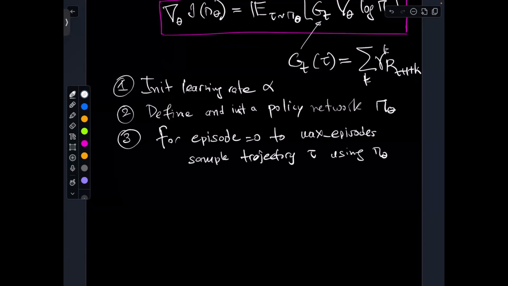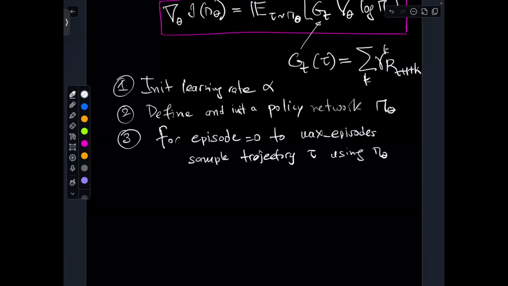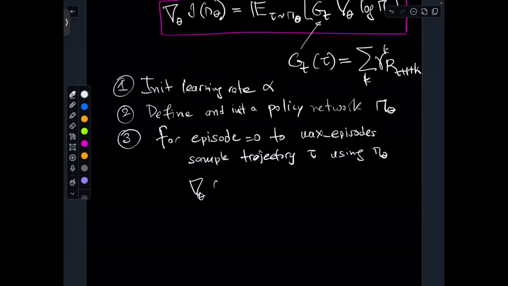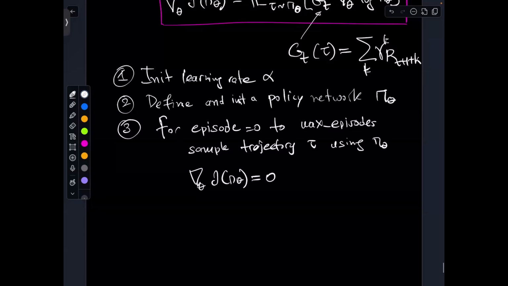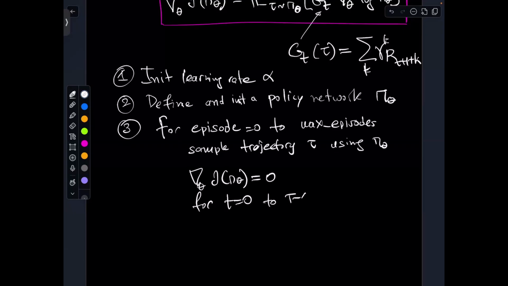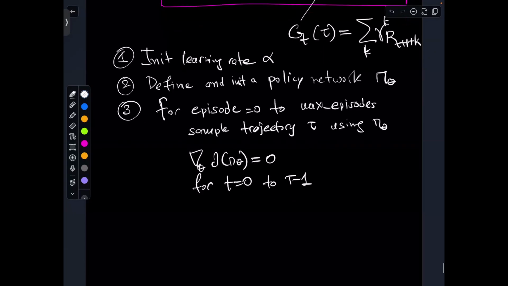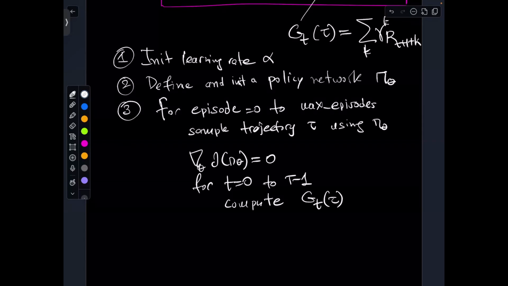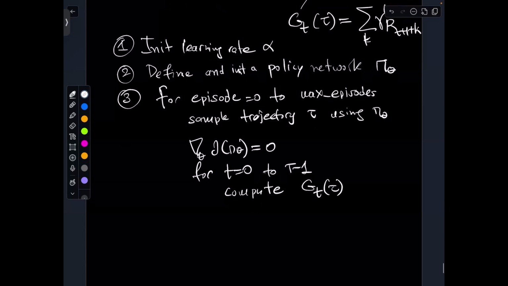We set the gradient over theta of J of pi of theta to 0. And for each time step that we visit states inside this trajectory, from 0 to capital T minus 1, we compute the return G_t of tau, because we are inside the trajectory tau.